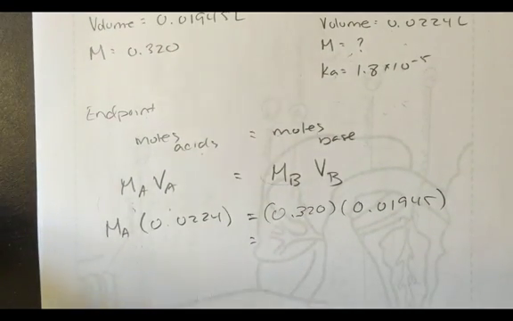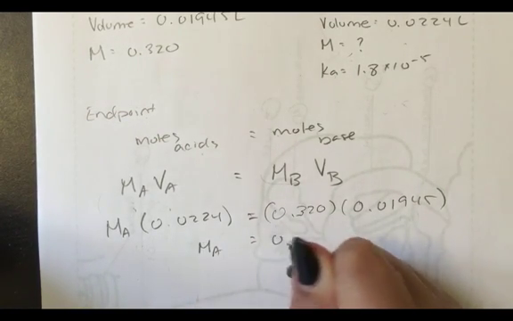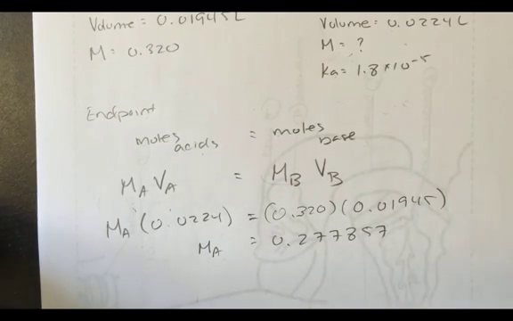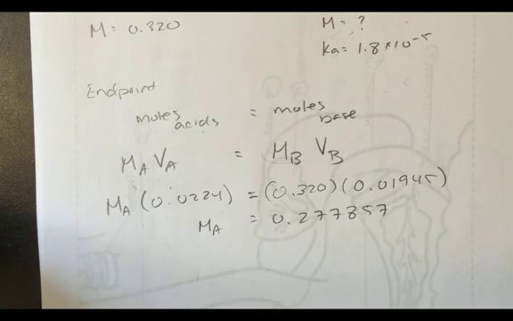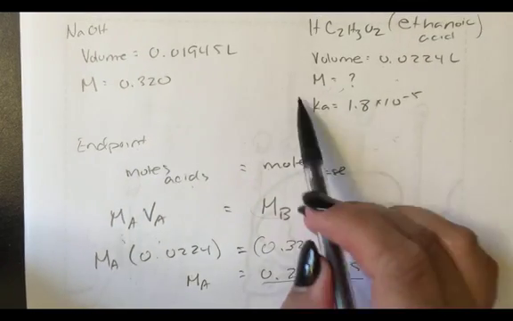Okay. When I plug that into the calculator, I'm going to get my molarity of my acid as 0.277857. Okay, so this here is what this guy up here is.